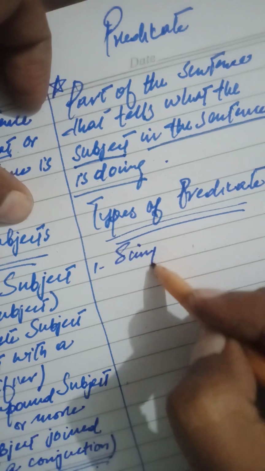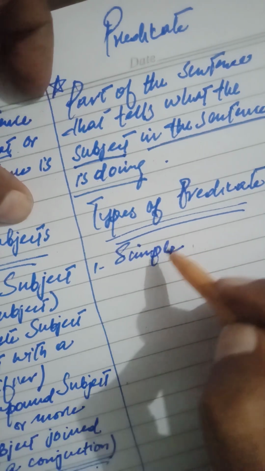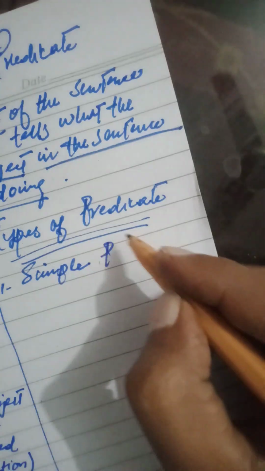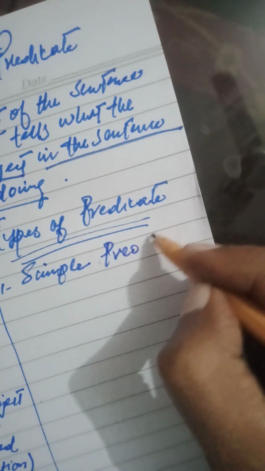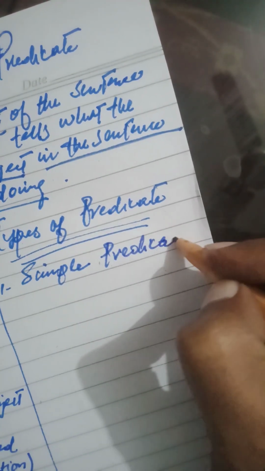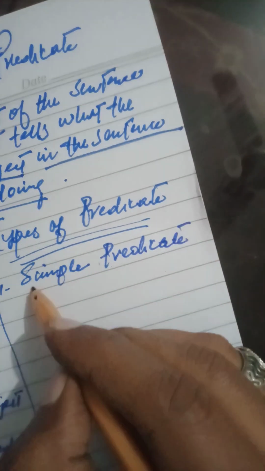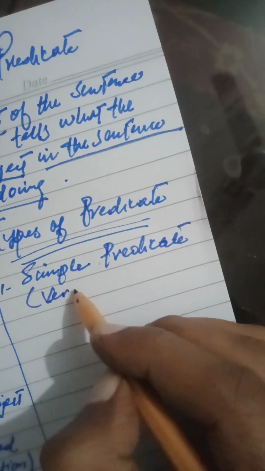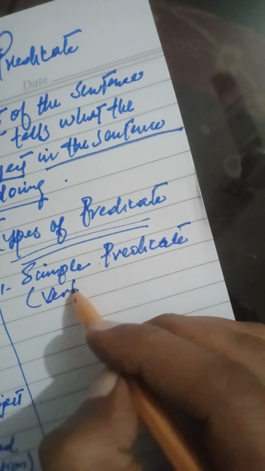Action verb. Simple predicate means a verb, only a verb.